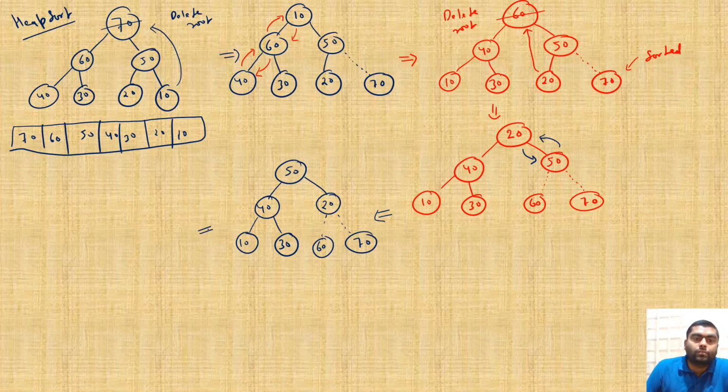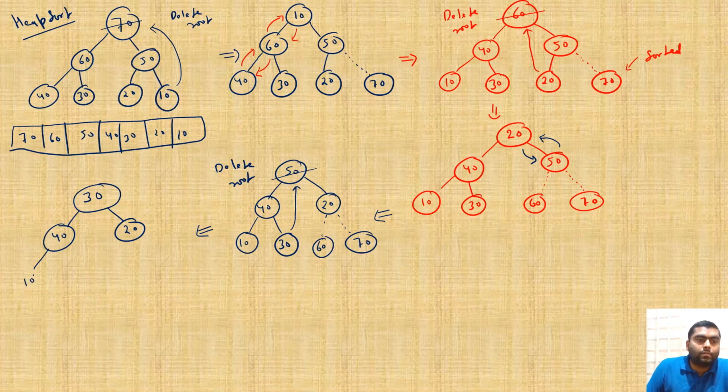Delete root. So if you delete root, we will delete the 50, so 50 will be deleted and the replacement will be 30. So 30 will be at the root node, then after that 40 at the left side, 20 at the right and 10 this side.